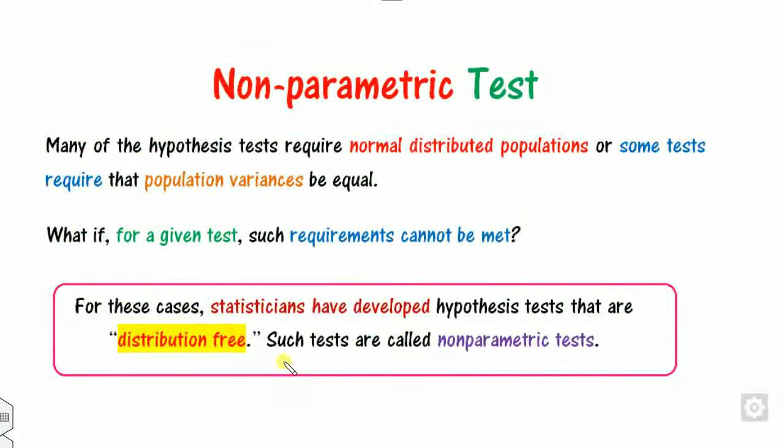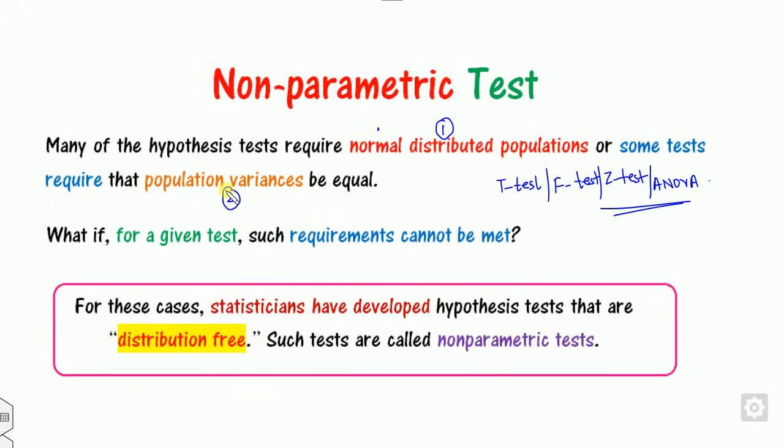So what is a non-parametric test? We have seen in our last lecture that most of the tests, such as the t-test, F-test, z-test, ANOVA, etc., are applicable only when certain conditions are satisfied: when the population follows the normal distribution, or the population variances are equal.